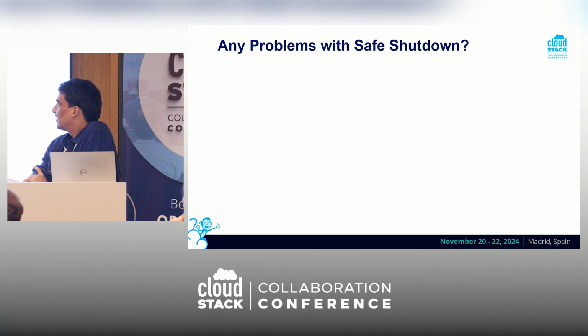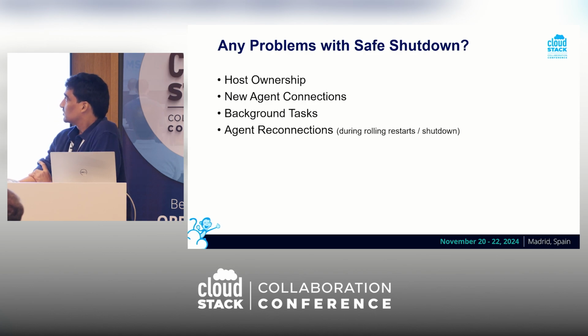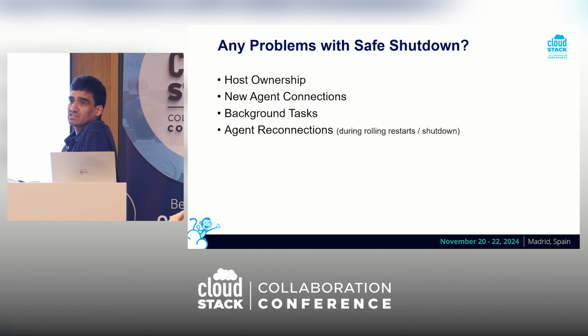Okay then. So these are the few problems. When I was discussing with one of the customers about their maintenance activity, they do frequent maintenance in the management server, like updating the patches and packages. They got some issues with the safe shutdown functionality.